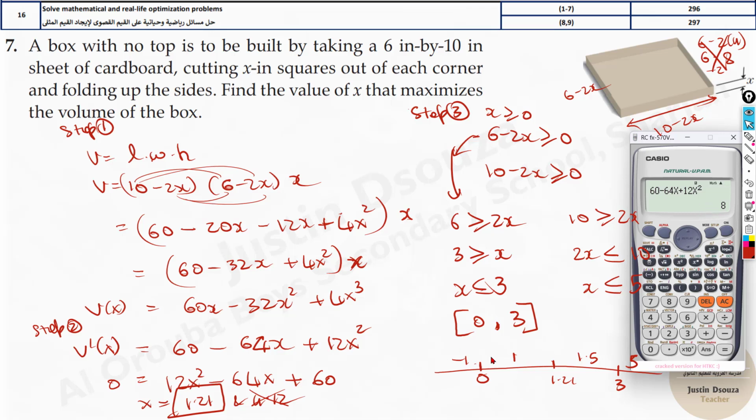Again I got positive. So both are positive. What about this? Calc at 1.5. It is negative. So we got positive, positive, negative. And let's do the last one. Calc at 5, or you can even do 4. It's again positive.